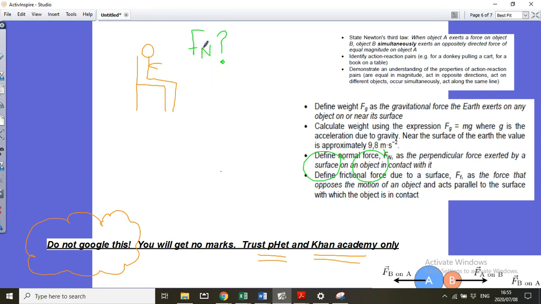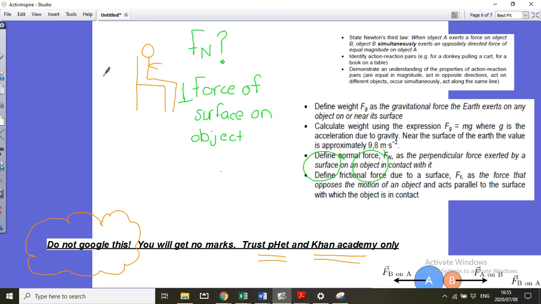So you have to say the normal force is the force of, as per the definition on the side, the force of the surface on the object. And it would be nice if you say the perpendicular force of the surface on the object, because the friction would be the parallel force of the surface on the object. So you can add that. So it's the force of the surface on the object.